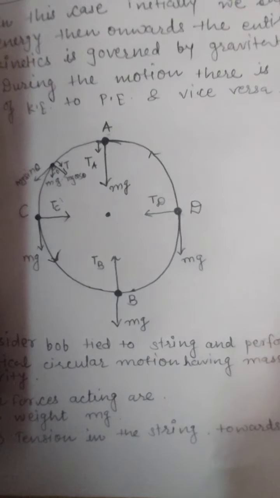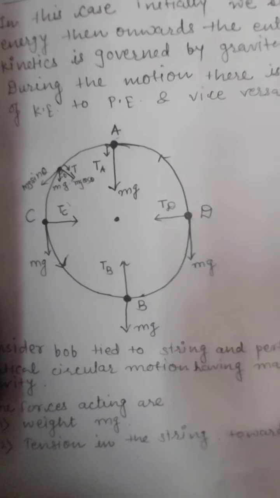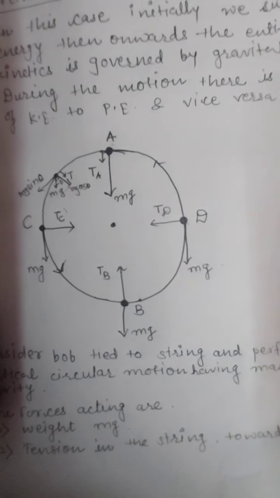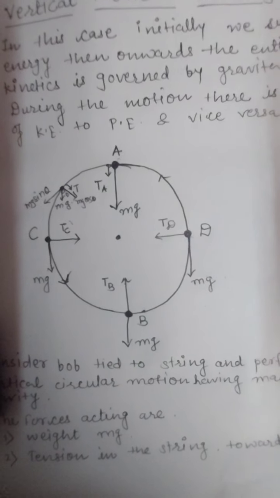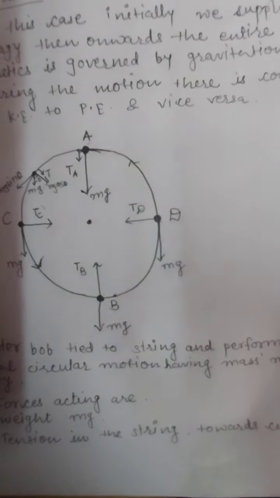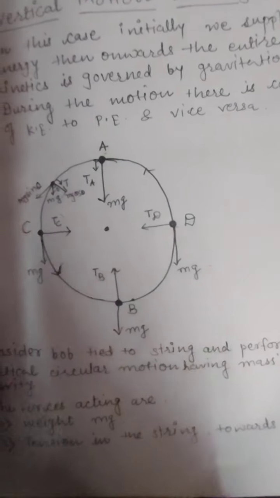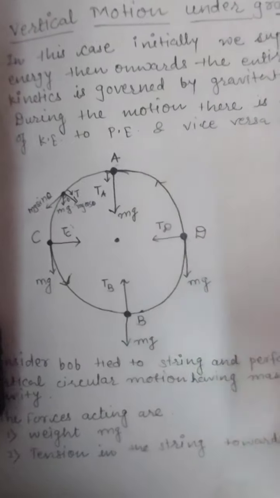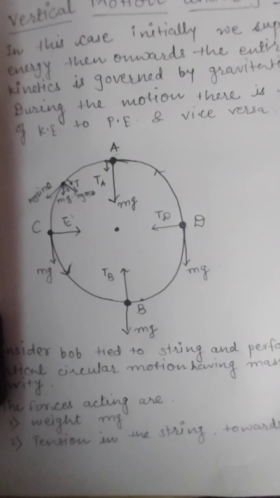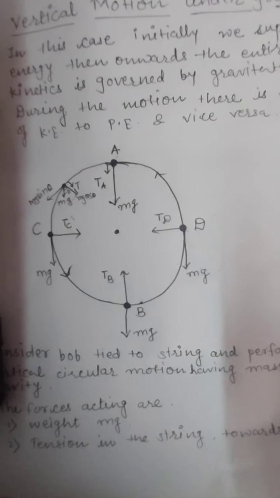At every position the weight remains the same, but the tension in the string changes. We'll see which are the forces and what will be the speed at every position.